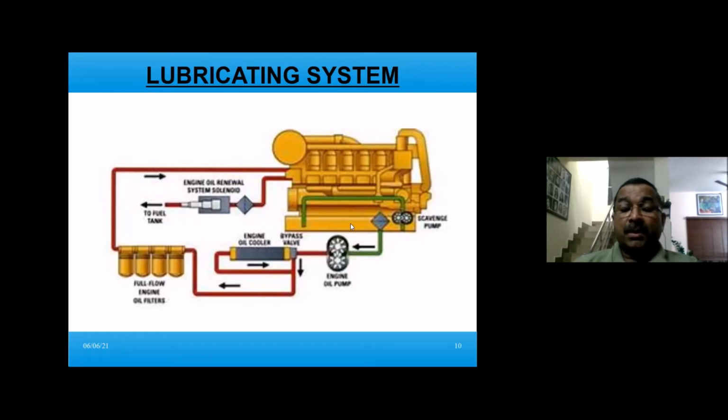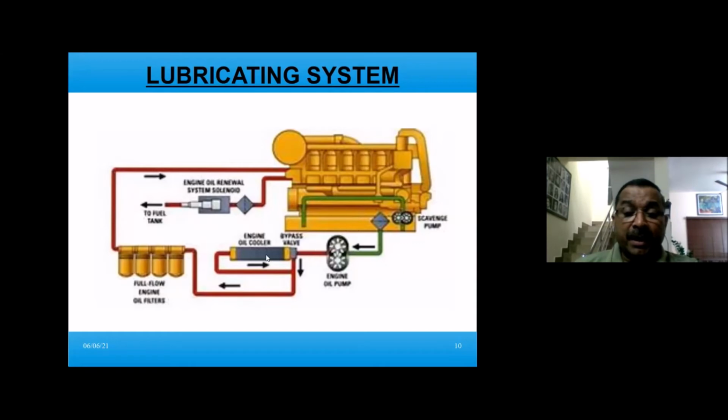So as the manufacturer advises, you have to take care of the lubricating oil. From time to time, you have to top it up, and at particular intervals, as said by the engine manufacturer, you have to replace the deteriorated lube oil with fresh oil.